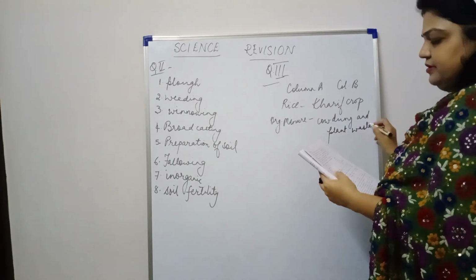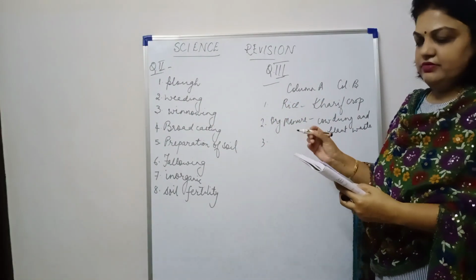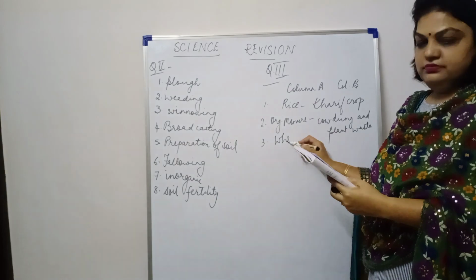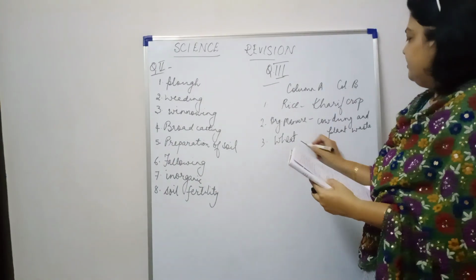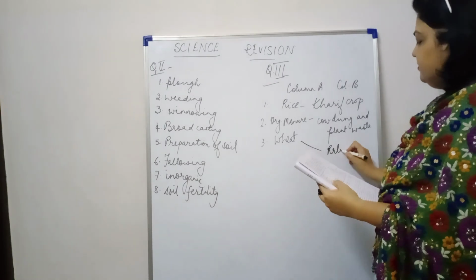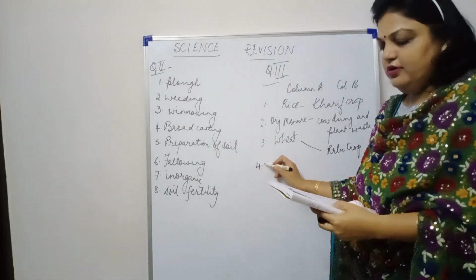Then this is number 1, this is number 2, this is number 3 now. Wheat. Wheat should match with what? It should match with Rabi crop. So winter season crop.